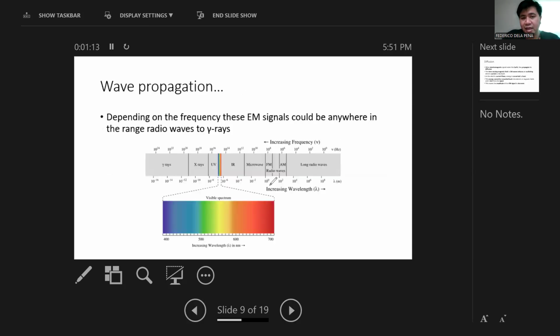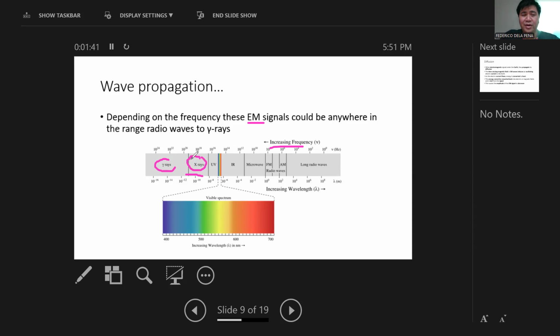So it can be ultraviolet rays, depending on the frequency. Usually the electromagnetic waves with highest frequencies are your X-rays and gamma rays. Gamma rays I think are radiation from nuclear reactions.